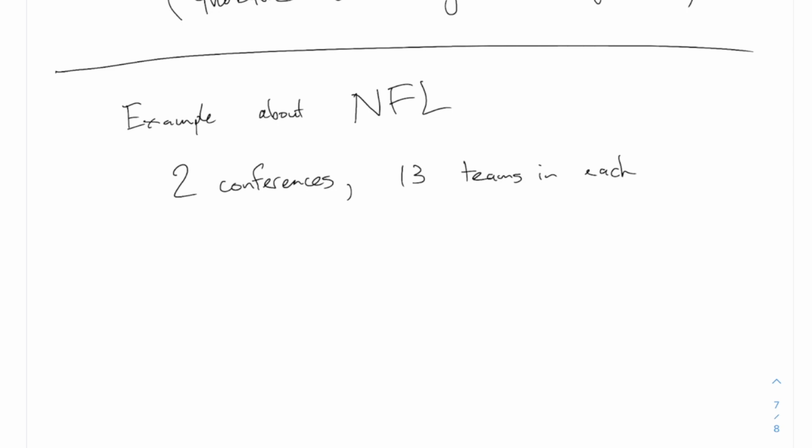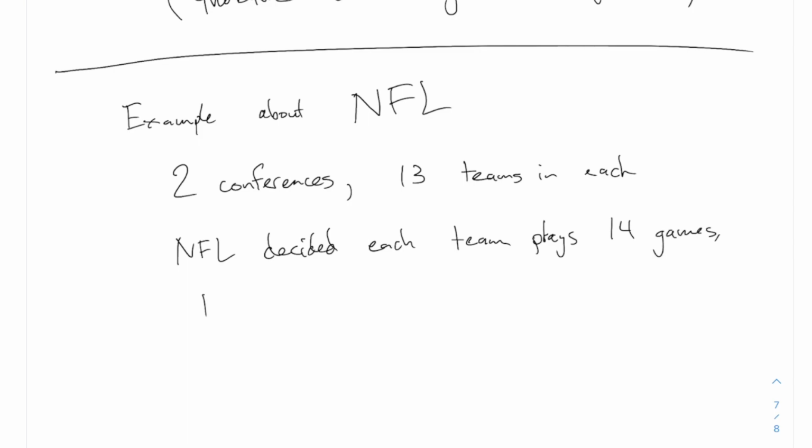And there were the rules for the league. They decided at the beginning of one year how many games we're going to actually play, and the NFL decided that each team plays 14 games.